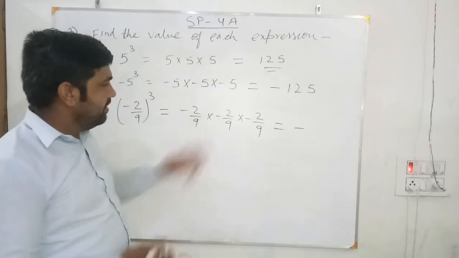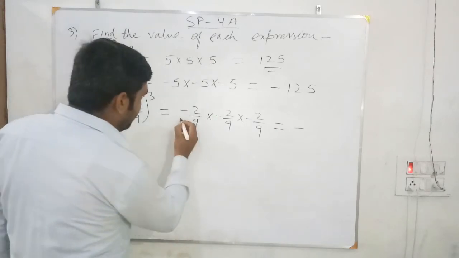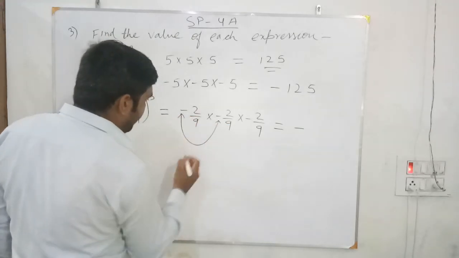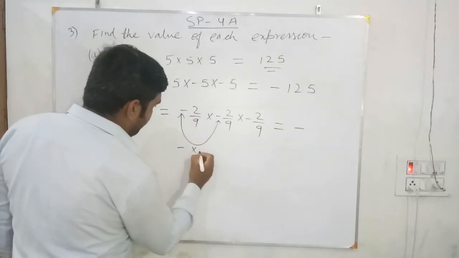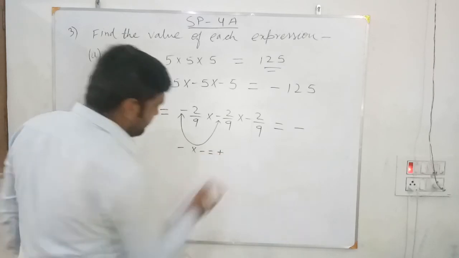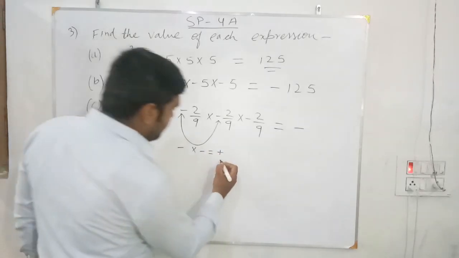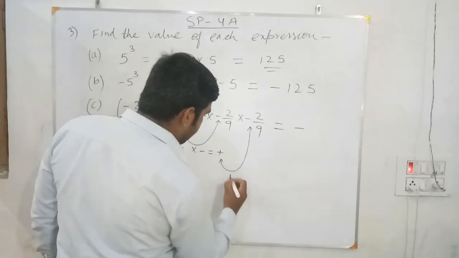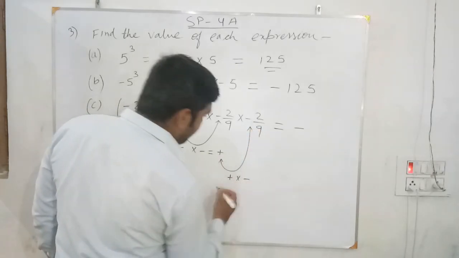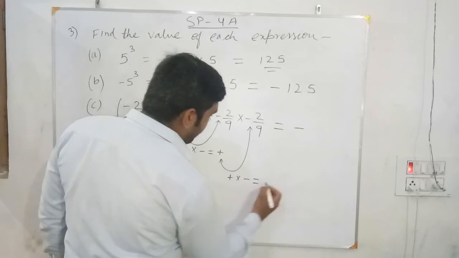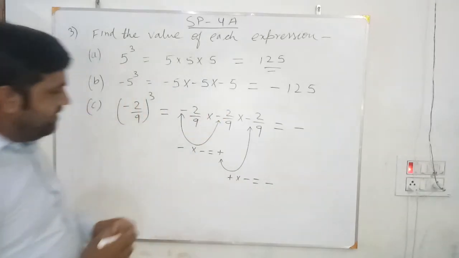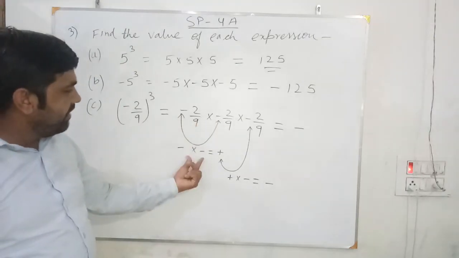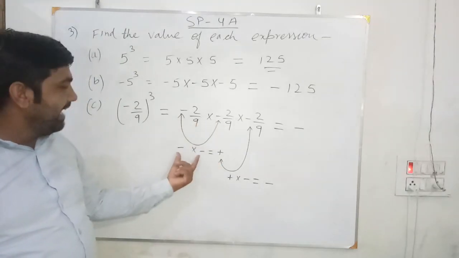Minus minus plus: when you multiply these two minuses, it gives you plus. And this plus and this minus, when multiplied, will give you the product minus. See, these two minuses, minus minus, the product will be positive. The product of like signs is positive.